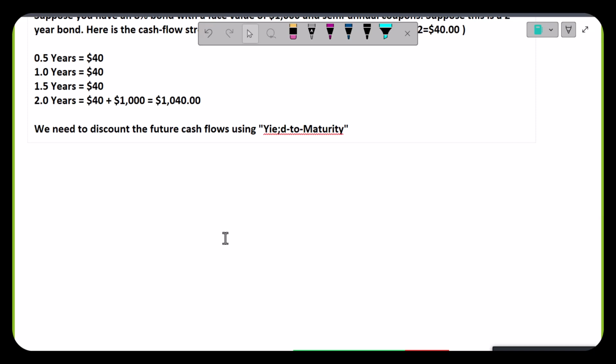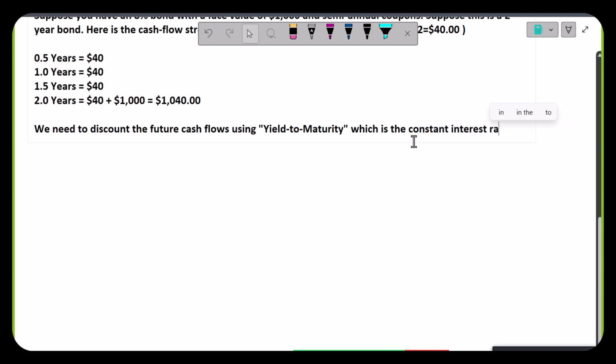In practice, that's not what we're going to do, but for now, let's do that, which is the constant interest rate at which all the future cash flows are discounted. That's pretty much determined by the market.